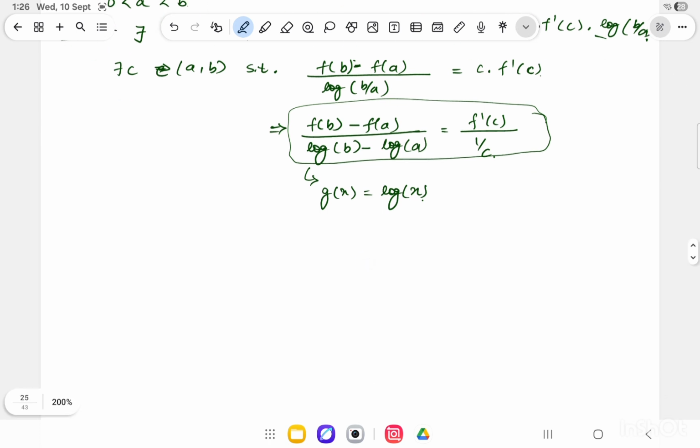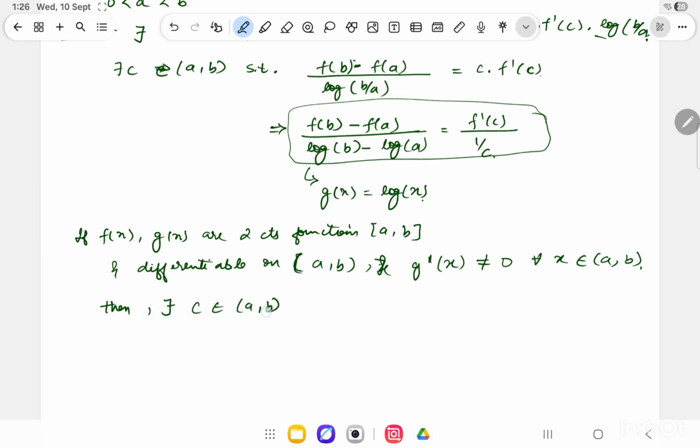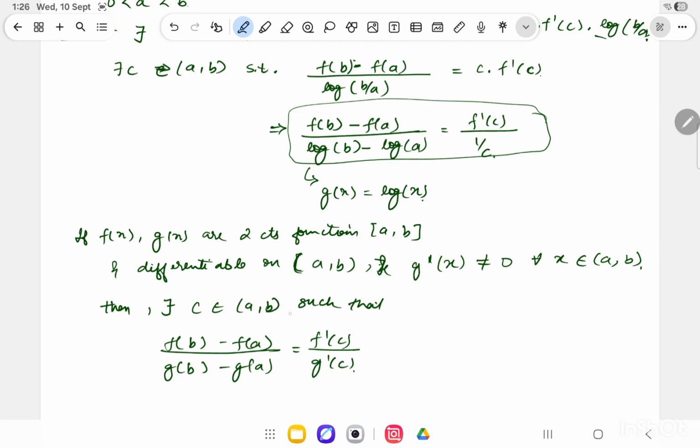What Cauchy's mean value theorem says is that if f(x) comma g(x) are two continuous functions on the closed interval a comma b and differentiable on the open interval a comma b, and also the derivative of g, g dash x, is not equal to 0 for all x belonging to the open interval a comma b, then there exists c belonging to the open interval a comma b such that f of b minus f of a divided by g of b minus g of a is equal to f dash c divided by g dash c. This is basically Cauchy's mean value theorem.